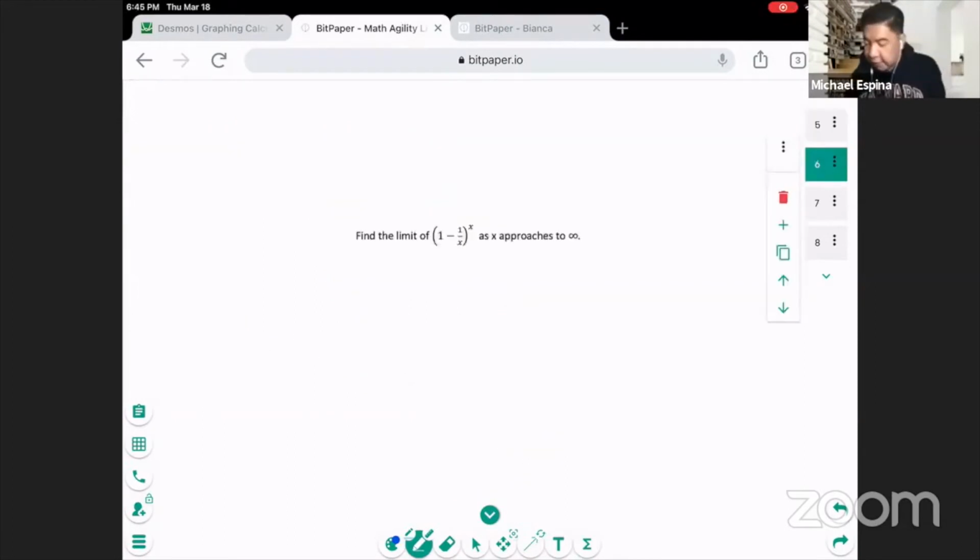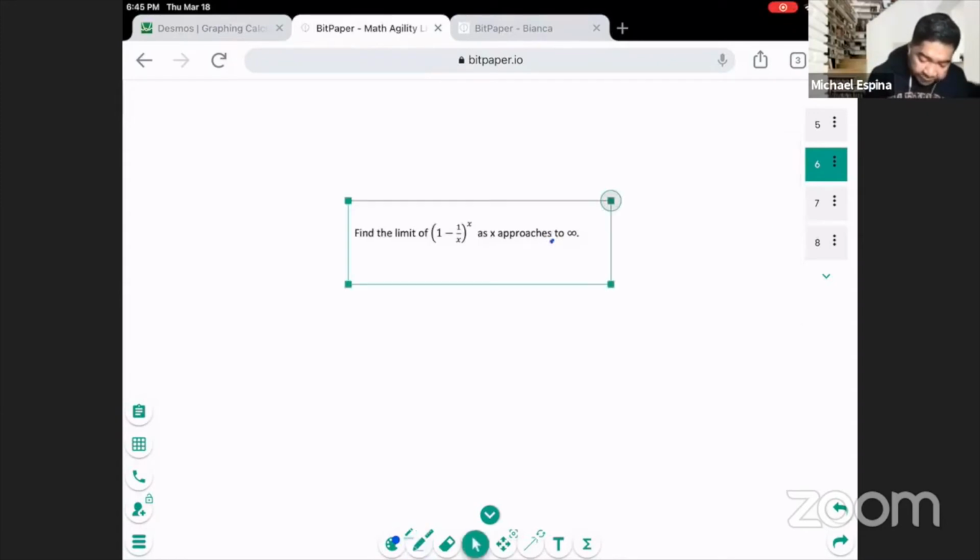This question, let's see. Problem number 6 is actually from William. He's in grade 12 and he's from the Philippines, from Mindoro, but he didn't say which school. So the question is, okay, let me just make this a little bit bigger.